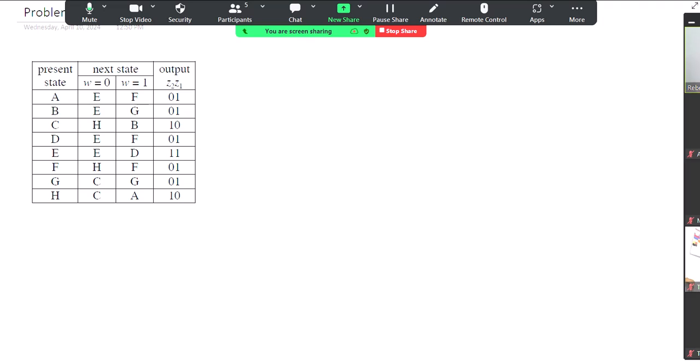Like if it's a vending machine, maybe I put in a dime and a nickel, and the question is, is that really the same as if you put in 3 nickels? Maybe it is, maybe it's not, depending on what you have it do. So the technique that we're going to go through is a way to minimize your design so that you have as few states as possible.